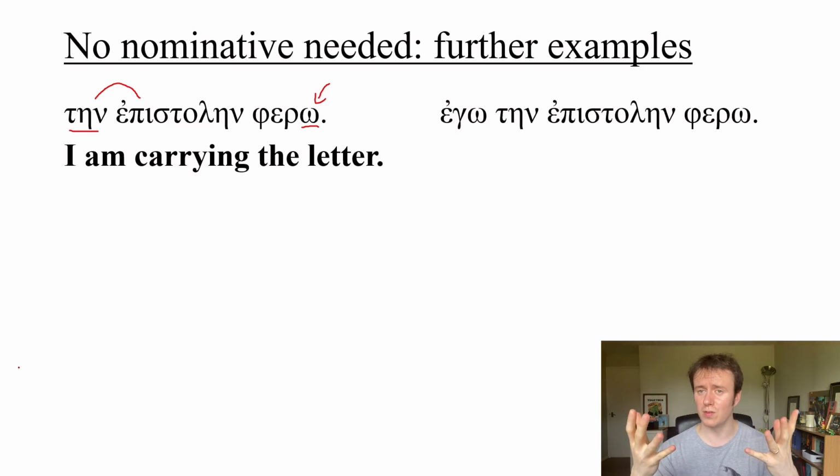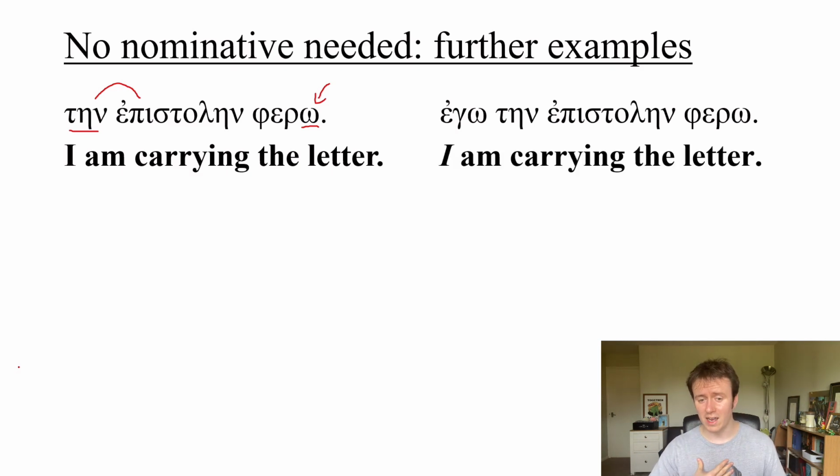Now I've told you that these pronouns were only used for emphasis. And so one way we could translate this sentence, showing that egō is there for emphasis, is as follows. We could say, I am carrying the letter. And we could put I in italics to emphasize that I am carrying the letter and not anyone else, essentially. Now, the emphasis isn't always that clear when they do use these pronouns in ancient Greek.